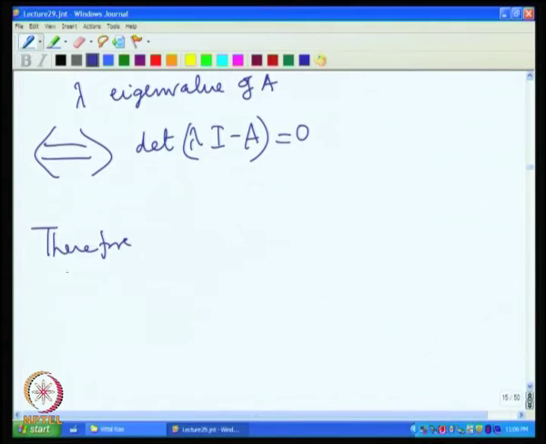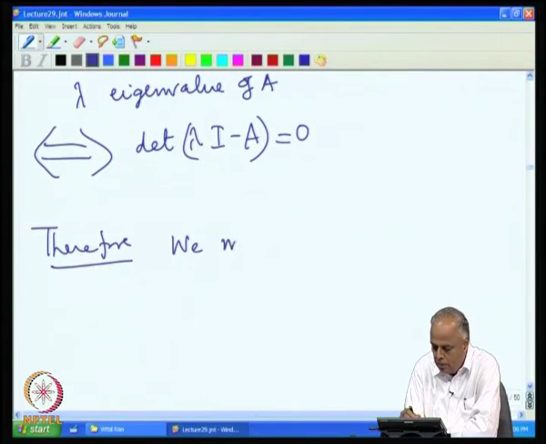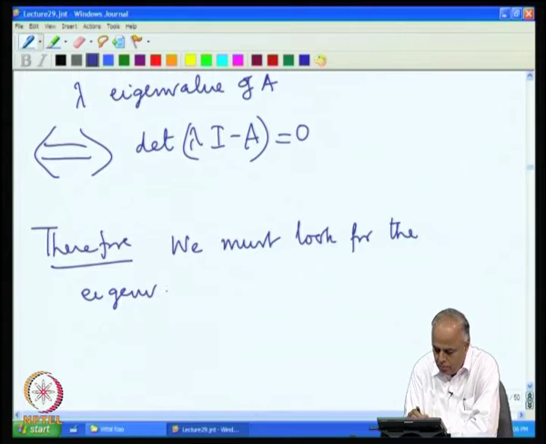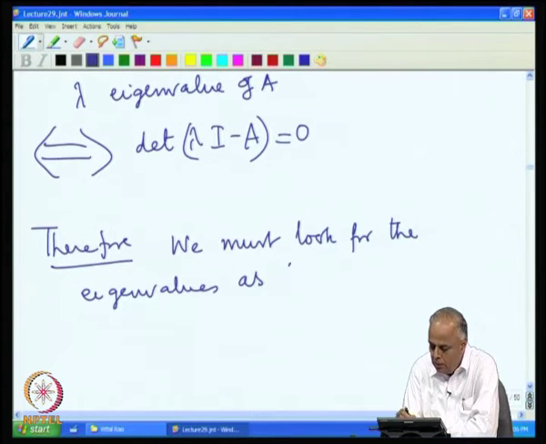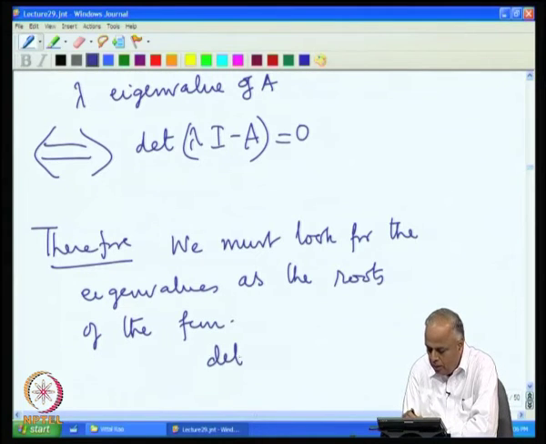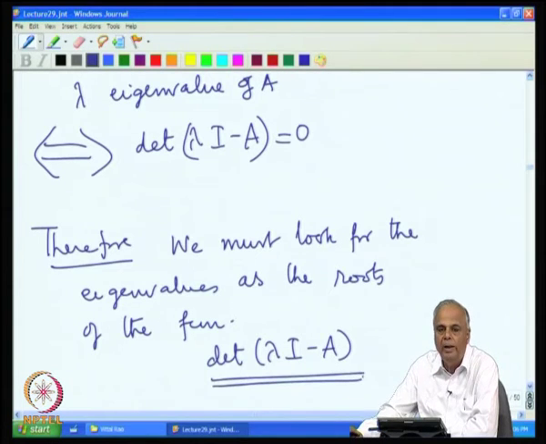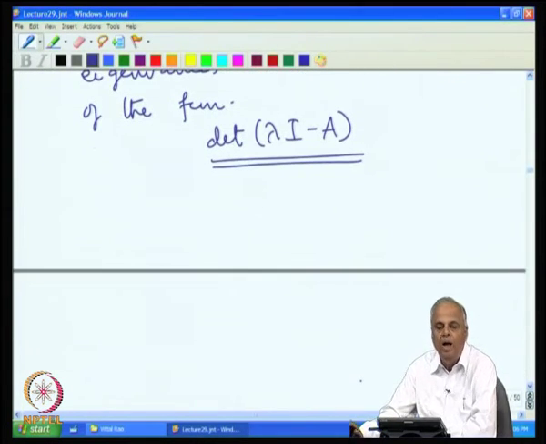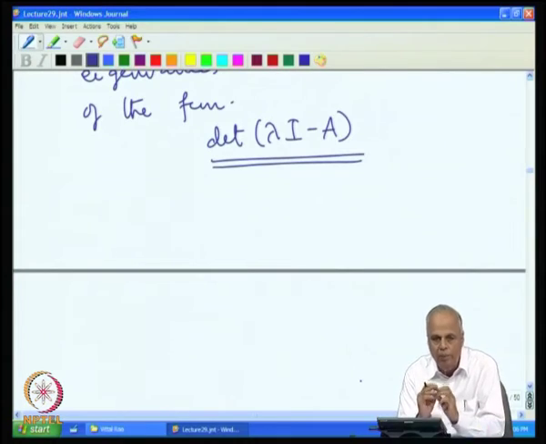So, therefore, we must look for the eigenvalues as the roots of the function determinant of lambda I minus A. So, now we know, given the matrix A, how to go about searching for the eigenvalues.